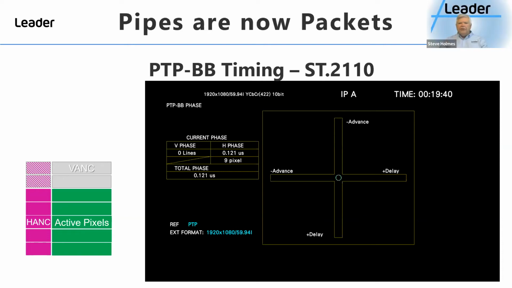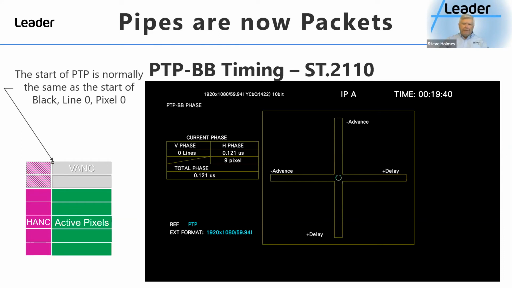We definitely do. So one of the unique things about PTP is, like you said, looking at those offsets. PTP itself starts typically at the same exact place Black and Burst starts at, or tri-level sync, at line 0, pixel 0, right at the beginning of the vertical interval, so that it is in time with where Black is, so we can put things back together and have a reference that is the same between the two.